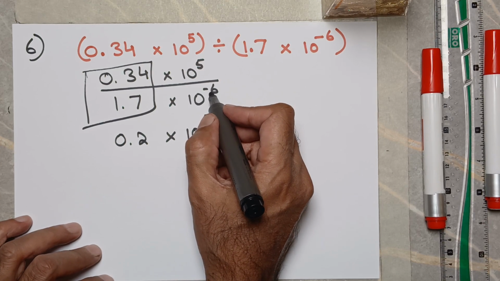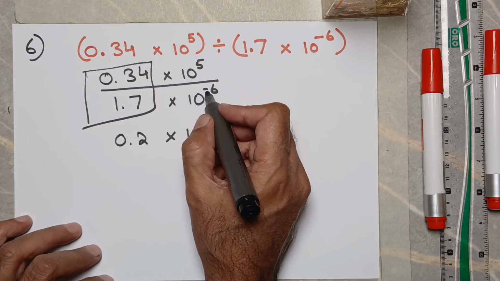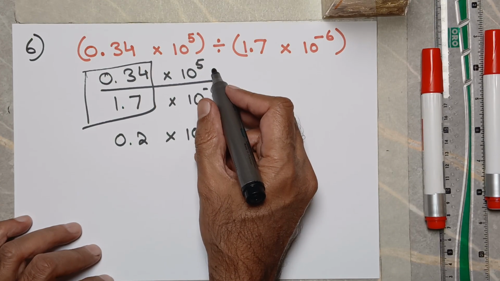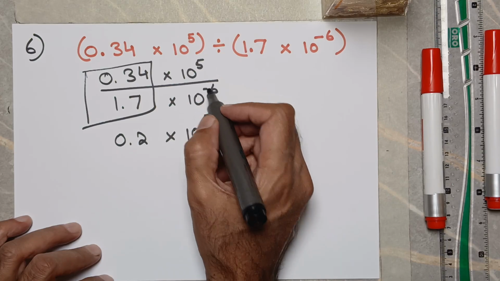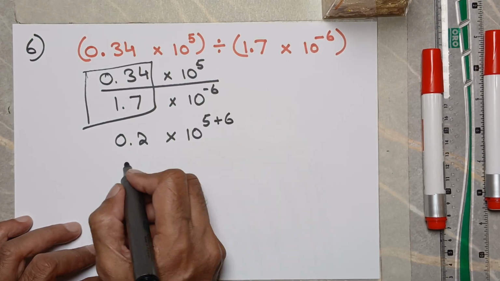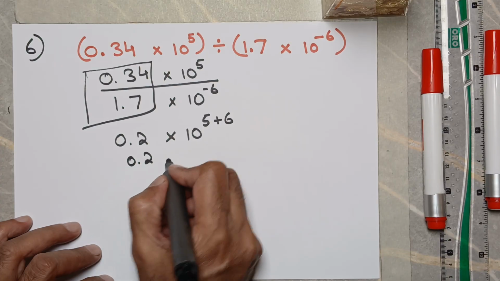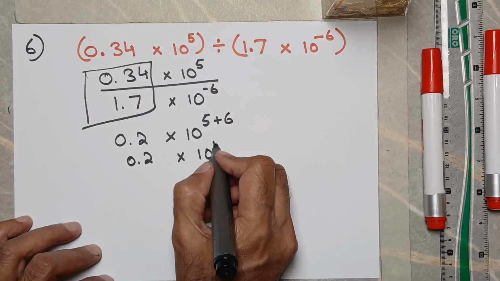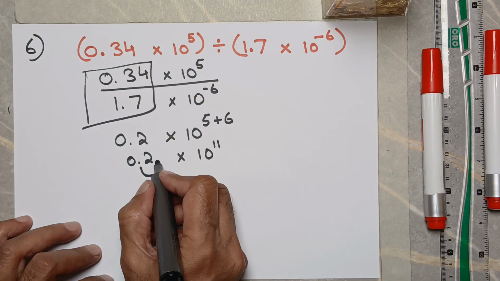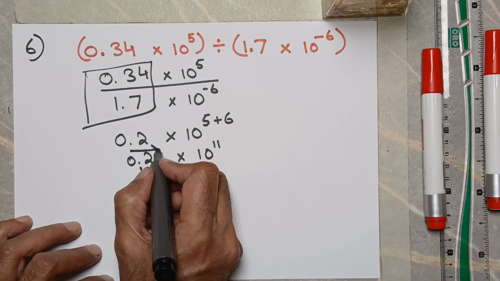When we shift this minus 6 towards the numerator, towards the upside, it will become plus. So 5 plus 6, so 0.2 times 10 raised to the power 11. Now again we have to shift this decimal one place towards the right.